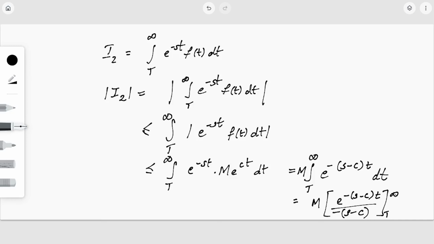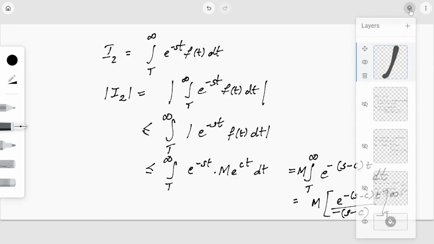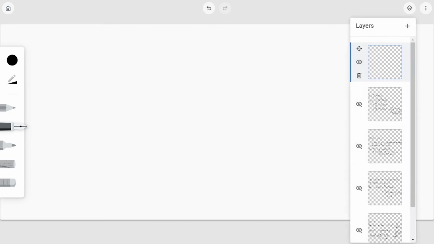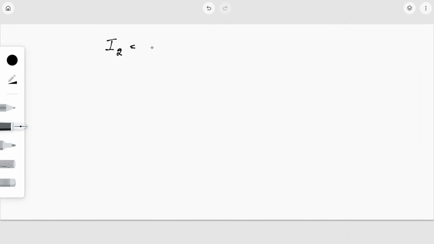So the first value, that is e raised to minus infinity, is 0, and we get minus of, let me write it down. So I2 will be equal to M into minus e raised to minus (s minus c)t by (s minus c), varying from T to infinity.